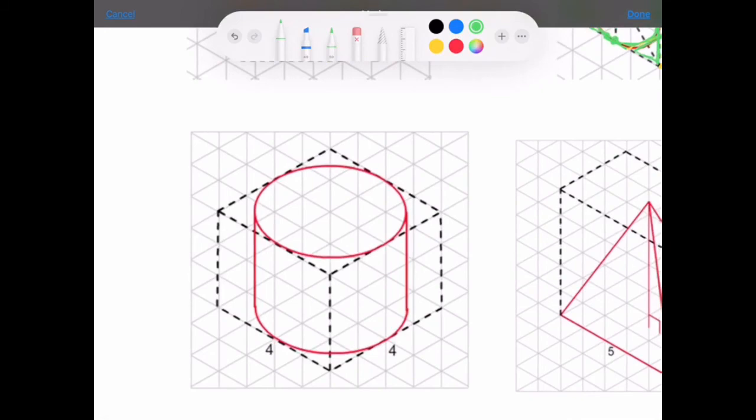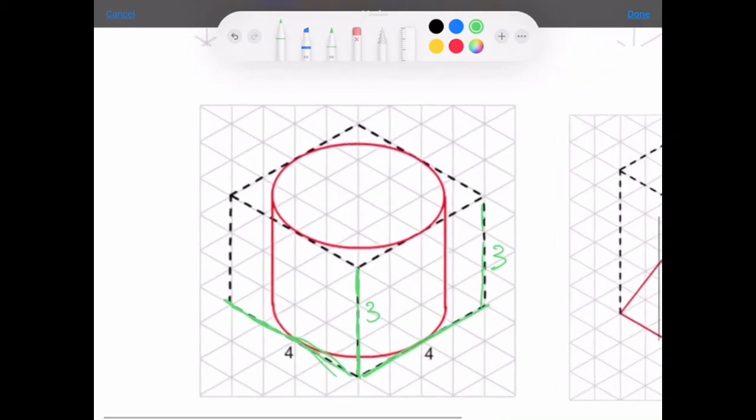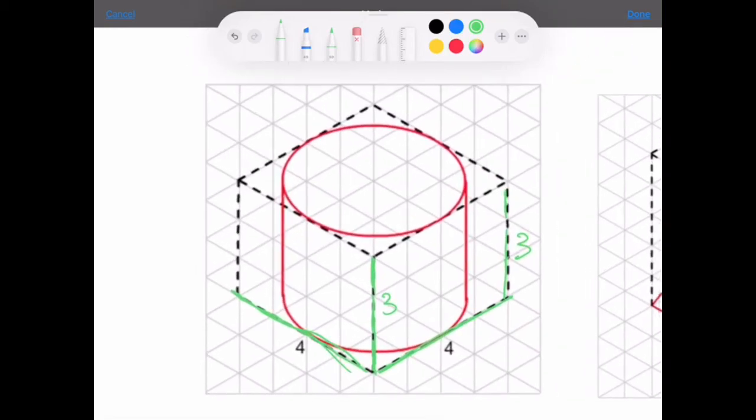Okay? So look at this one. This cylinder, we have 4 across here, 4 across here, and what's our, right here, 1, 2, 3. So 3 is the height. 1, 2, 3. 3 is the height. Okay, so we know that the height equals 3 units, and if this right here is the width, 4, what's the width of a cylinder?